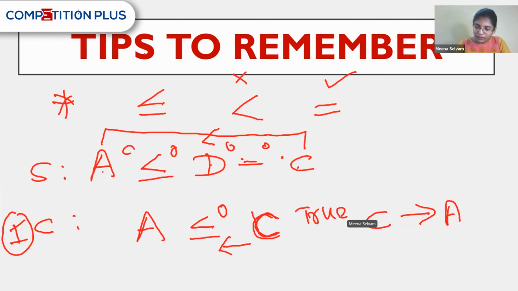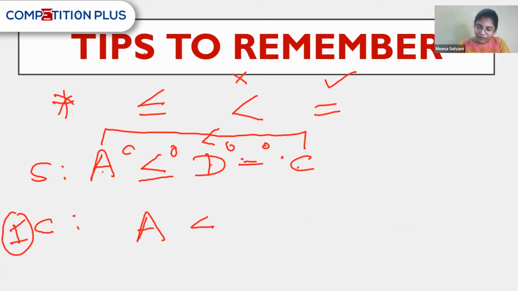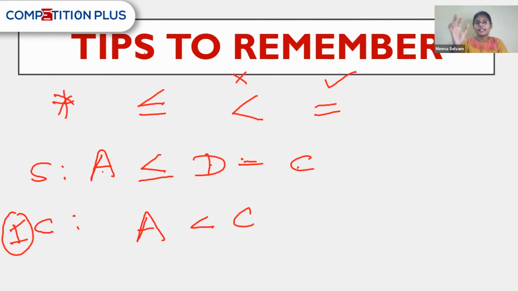Okay. So you have to remember one more thing. Suppose in your conclusion, it is A less than C, instead of A less than or equal to C. What is the meaning? We have to go from C to A, because this side is the open gate.